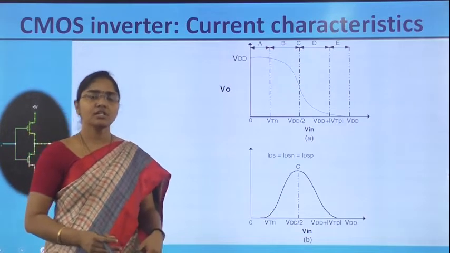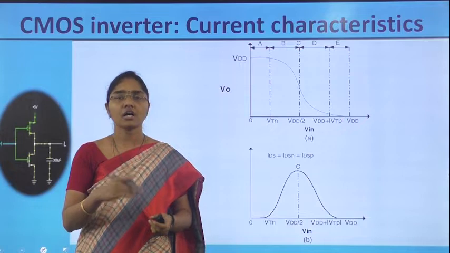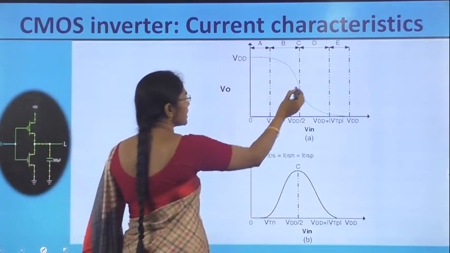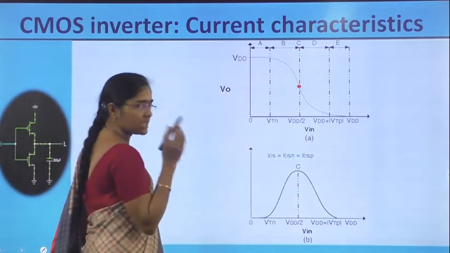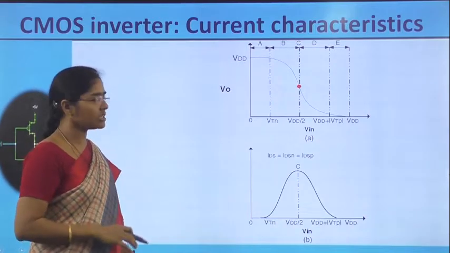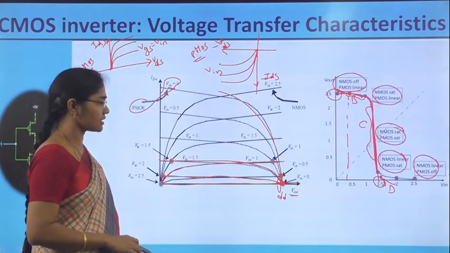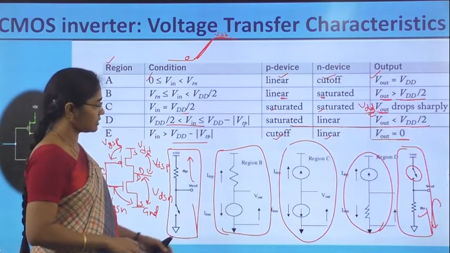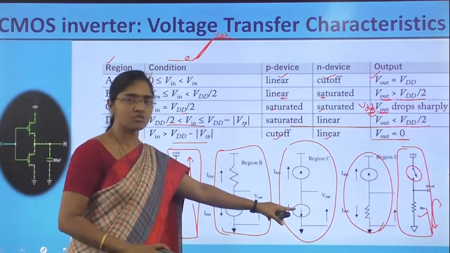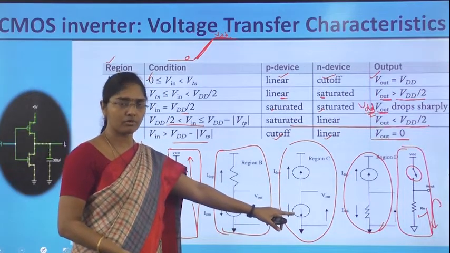Now let us see, using the transfer characteristics, how the current flows in the CMOS inverter. The current is maximum in the third region because both are in the saturation region, as we have seen in the equivalent circuits. See here, this is region C. In region C, both are in saturation, so the maximum amount of current will be flowing.